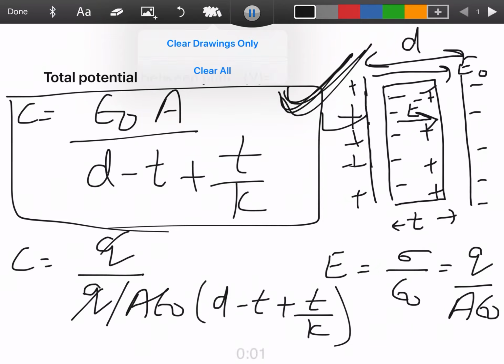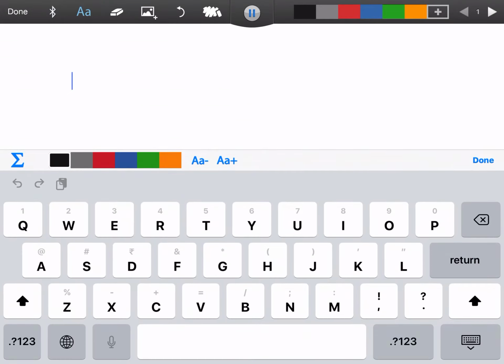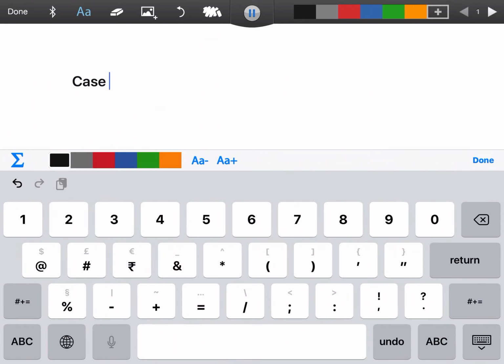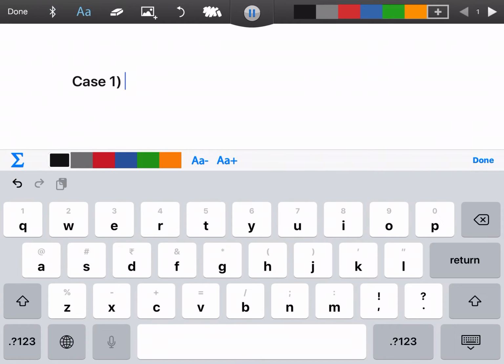Next we will be doing a special case, that what will happen if entire space between plates is filled by dielectric.